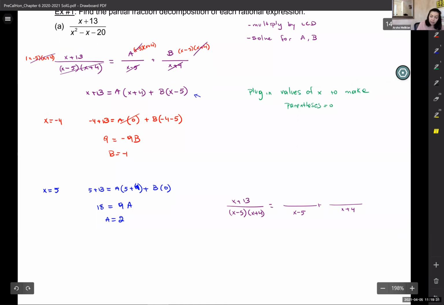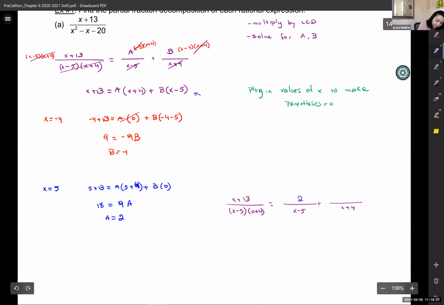And which variable belonged to the x minus 5? That was the a. So I put the 2 there. And the b, which is -1, I put here. Okay, but it's conventional to put the minus here and write it this way.